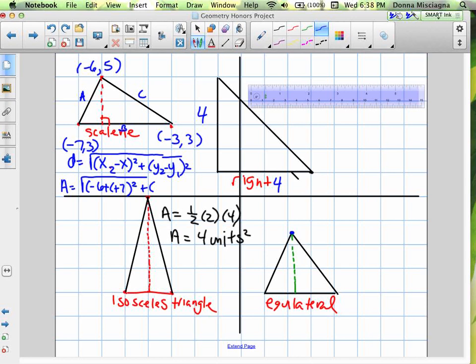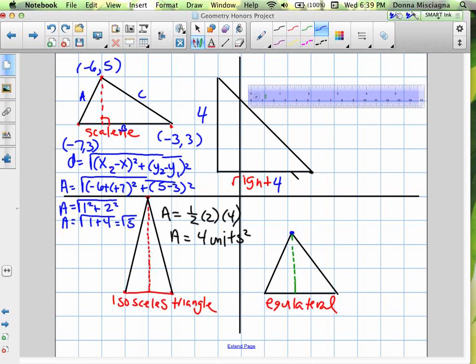And then for the y value, that would be 5 minus 3 squared. So negative 6 plus 7, that's just 1. And 5 minus 3, that's 2. So that's going to be, oops, A is for the side. I was thinking I was writing area here. So that would be 1 plus 4, or the square root of 5. That's not going to simplify.